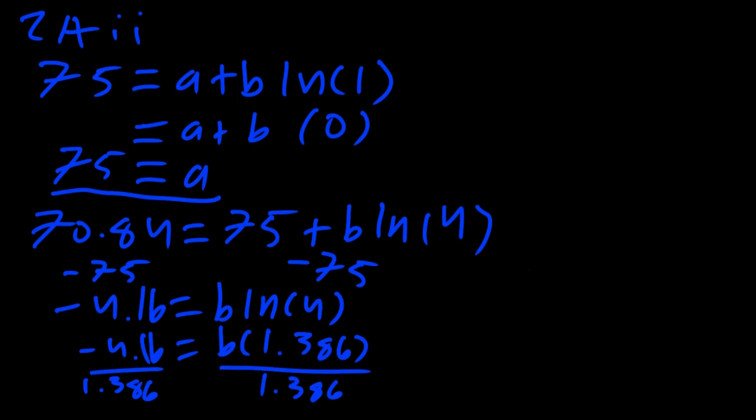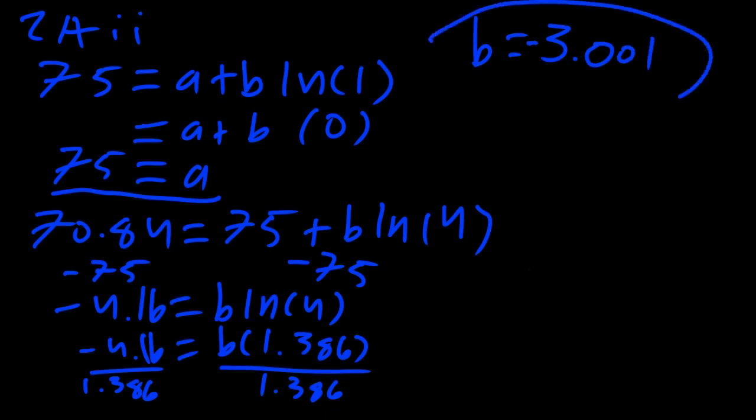So we find that b is equal to negative 4.166 divided by 1.386, which is equal to 3.001, or excuse me, negative 3.001. So there's your answers.